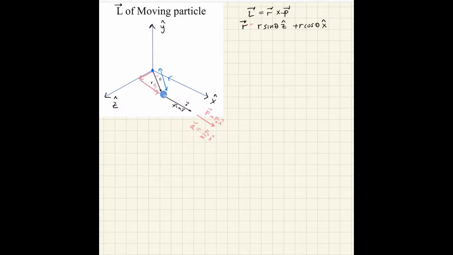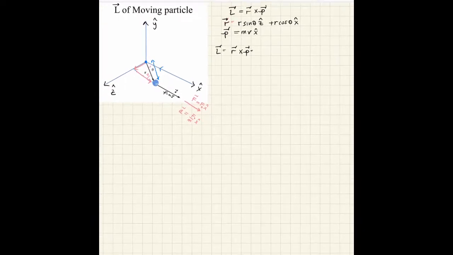Similarly, I can represent the p vector as just m times v, and it's purely moving in the x hat direction. So if I wanted to look at L equal to r cross p, I would use the determinant. You can use the formula that I had on the previous page. But here's my determinant. For the first vector r, I have an x hat and a z hat, but no y hat component.